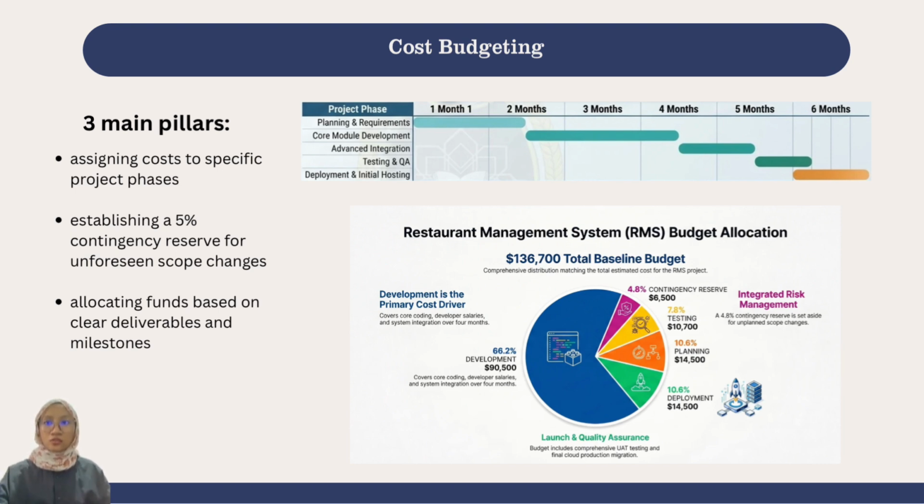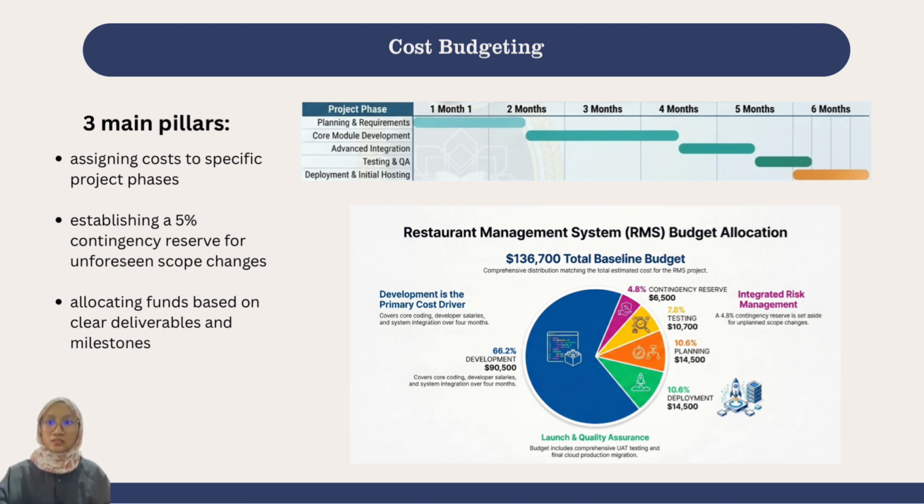Turning to the cost budgeting timeline, our total project budget is $136,700. For month 1, which is for planning, we have allocated $40,500 for initial architectural design and tool setups. For months 2 to 5, which is for development, this is our most intensive phase, budgeted at $90,500 to cover developer salaries, coding and system integration.